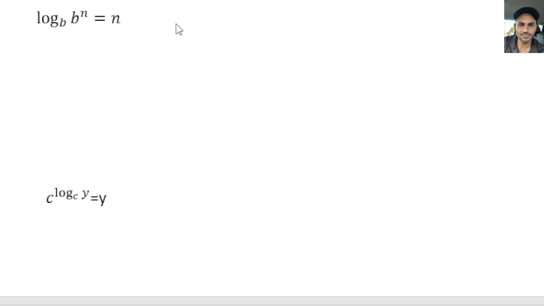So n goes to the front, and log of b with base b is equal to 1, which we already did. So n times 1 equals n. That's how this property holds.